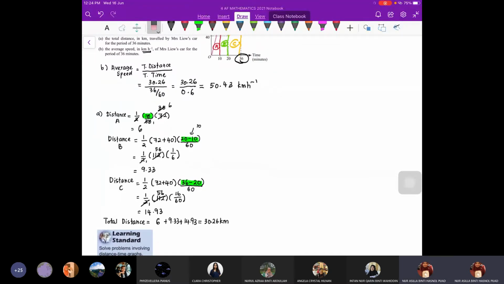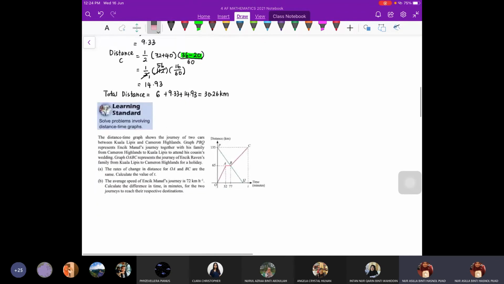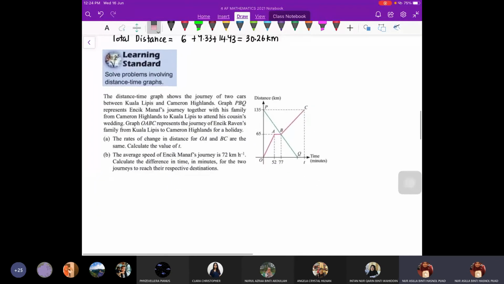Okay, no. So today kita akan pergi masuk betul-betul the last 2 learning standards, di mana both learning standards involve solving problems. It's just satu tu solving problems involving distance time graph, and the other one adalah solving problems involving speed time graph.